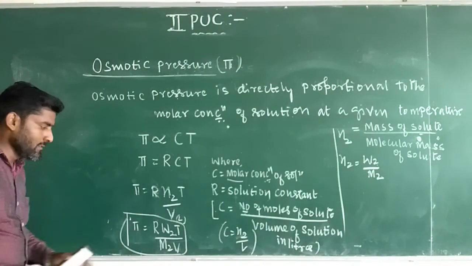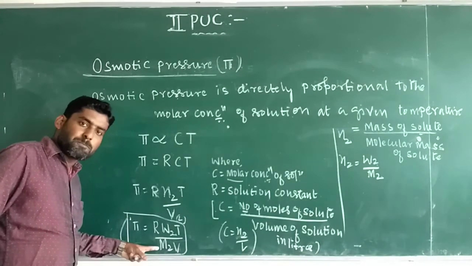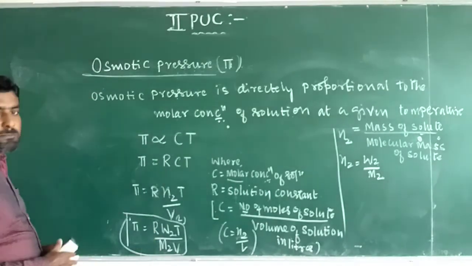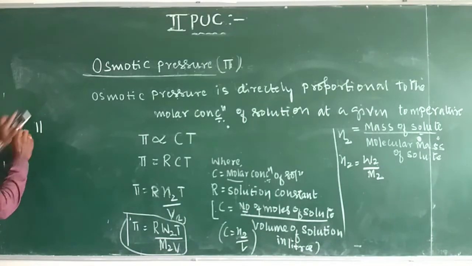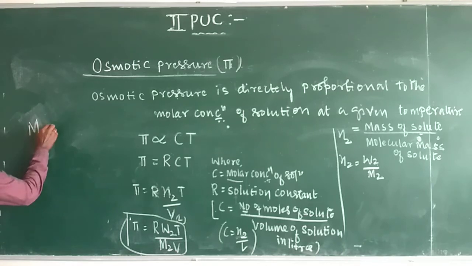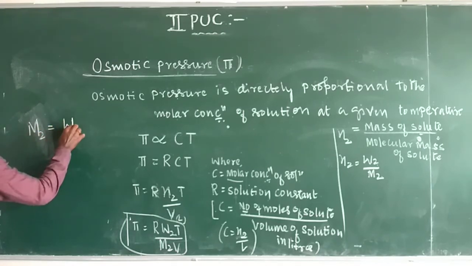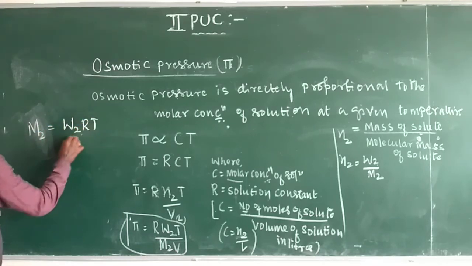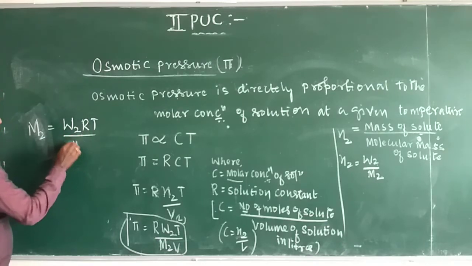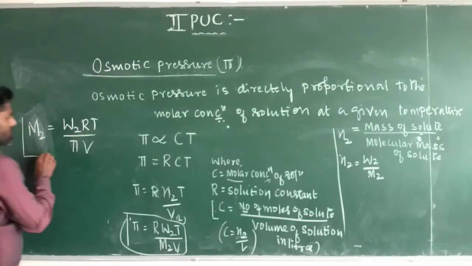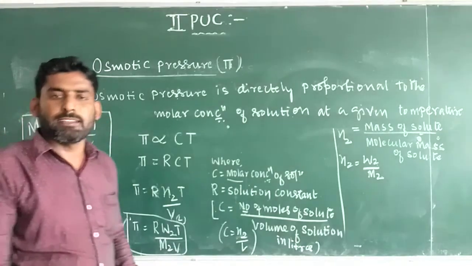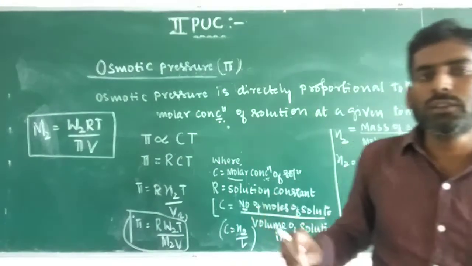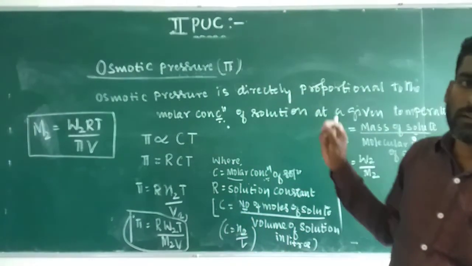To obtain the molecular mass of solute in terms of osmotic pressure, you can rearrange the equation. So M2 is equal to W2 into RT divided by pi into V. This is the expression for calculating the molecular mass of solute by osmotic pressure.